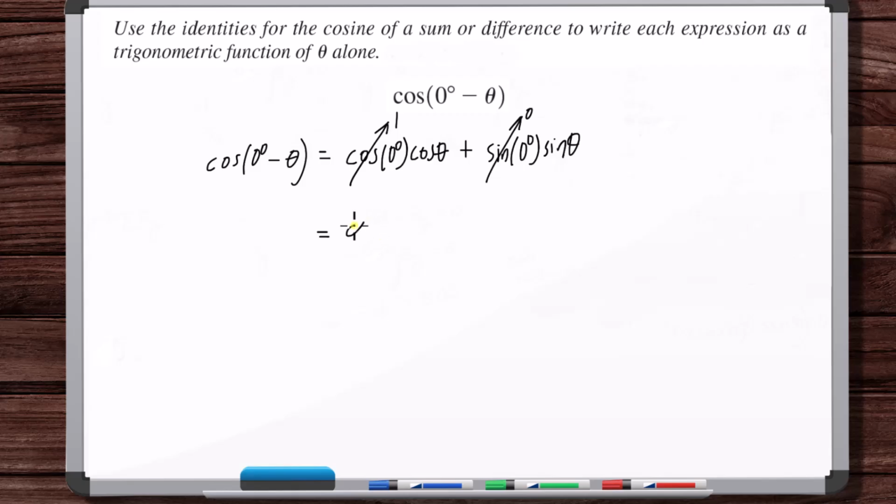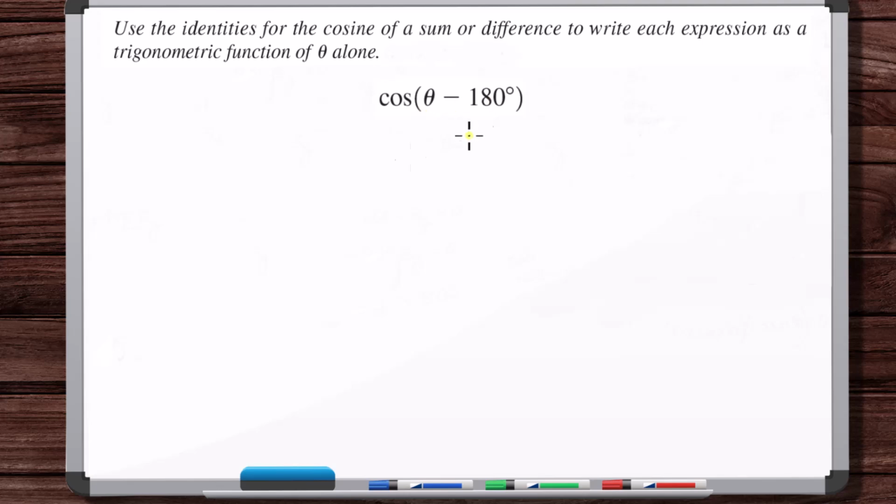So we're left with cosine theta. Indeed, this is cosine of minus theta, but cosine is an even function, so the even-odd identities tell us that cosine of minus theta is cosine theta.